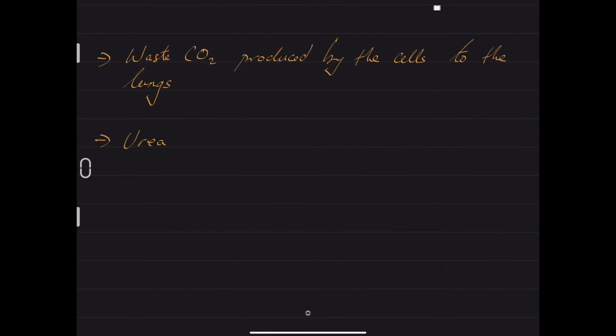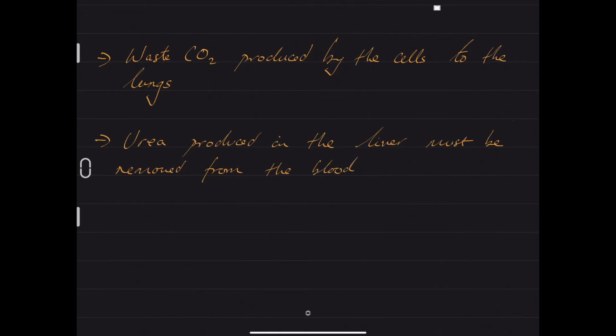So urea produced in the liver must be removed from the blood.